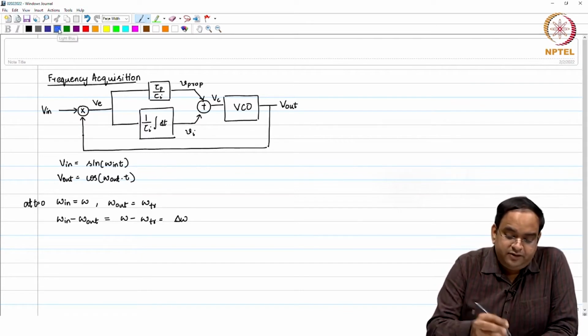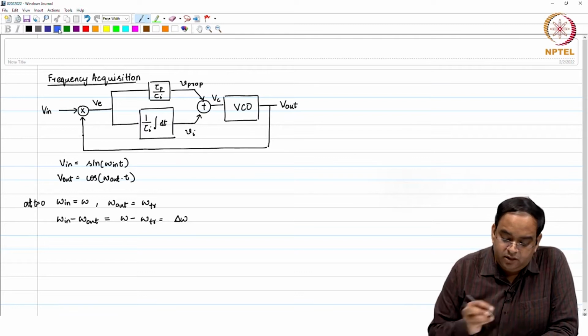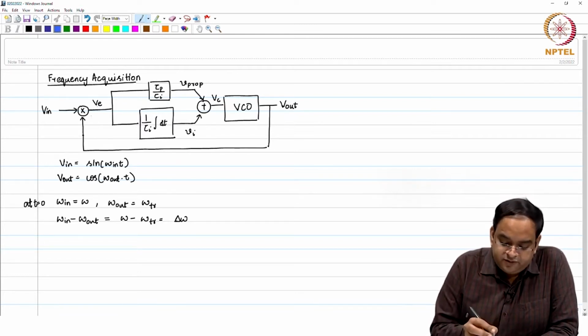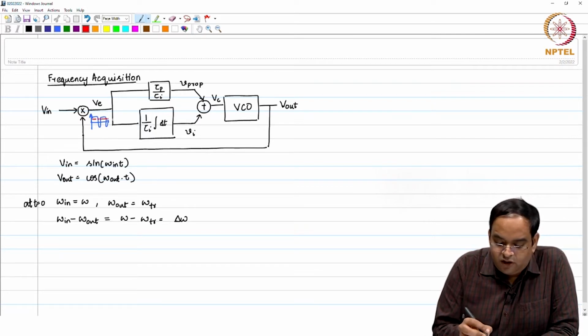The things which we also discussed earlier were that initially your V error develops some kind of asymmetric beat note like this, which has an effective DC voltage, which I called the pull-in voltage.